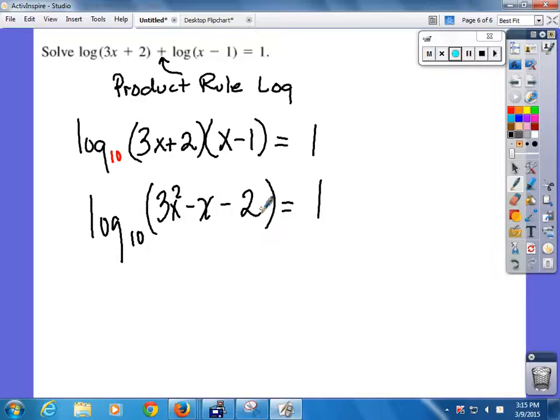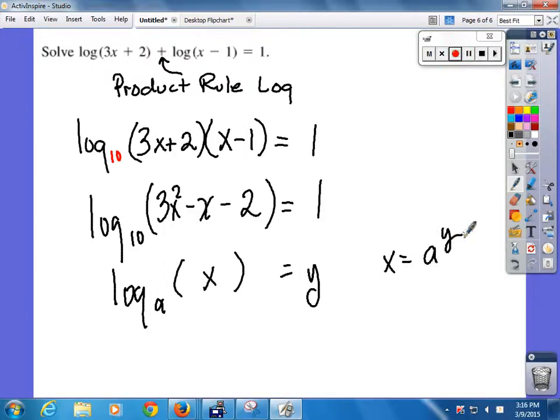What they want you to do is go with the definition of a logarithm, which says y is equal to log base a of x. And that's x is equal to a to the what? Y.